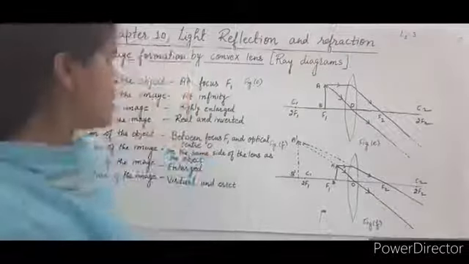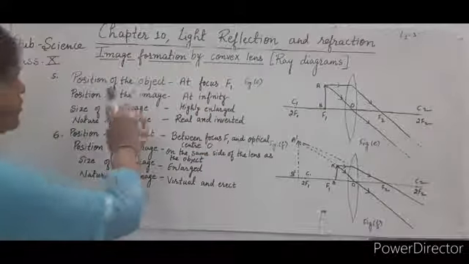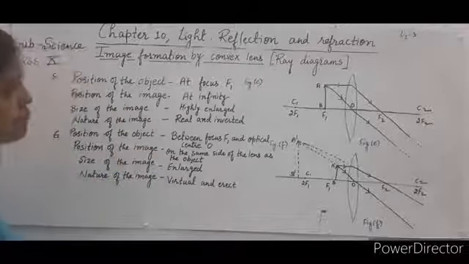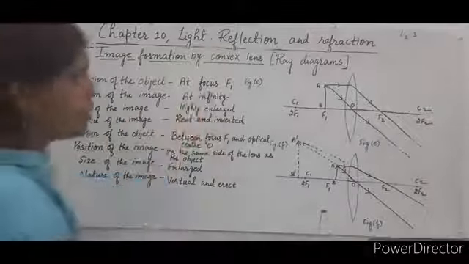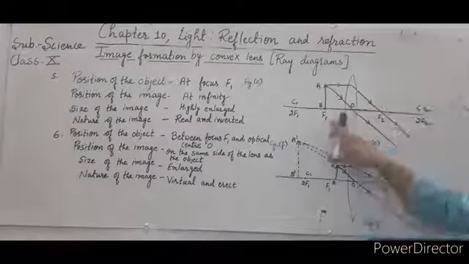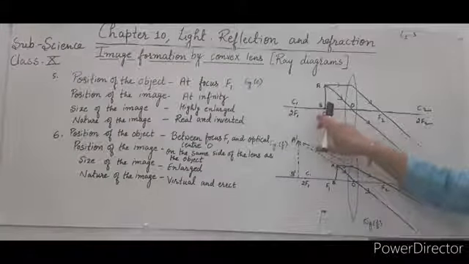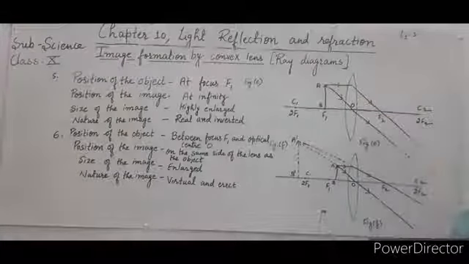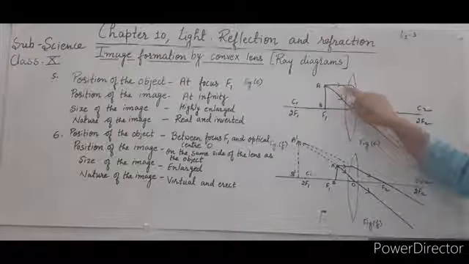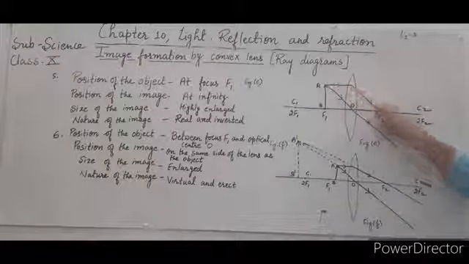Now the next case, the fifth case, when the object is placed at F1. Position of the object at focus F1. This AB is our object. So where does the image formation take place? The first ray parallel to the principal axis, after refraction, passes through principal focus F2.